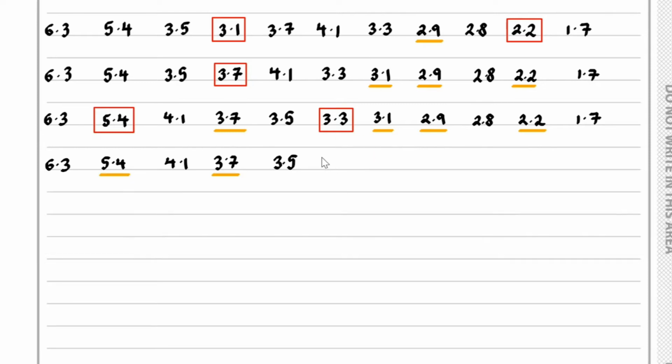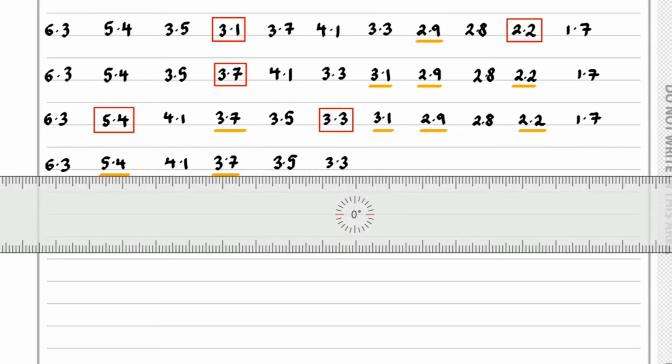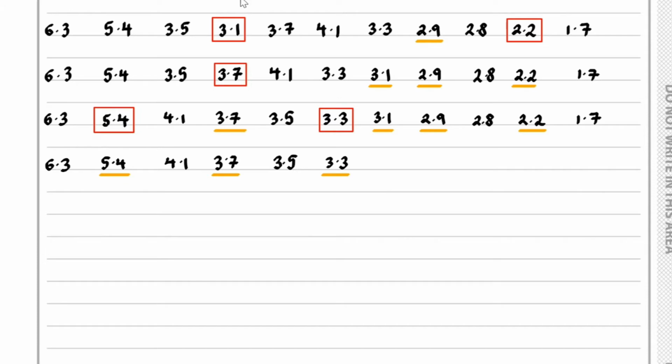Then we've got the 3.3. We need to underline it, indicating we've used it as a pivot. And the rest of the entries will remain the same, as we see here. Now, we can't compare the 6.3 with anything.